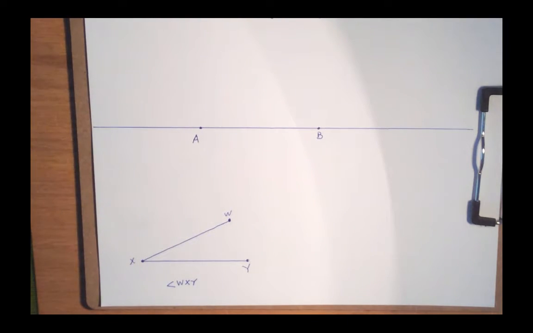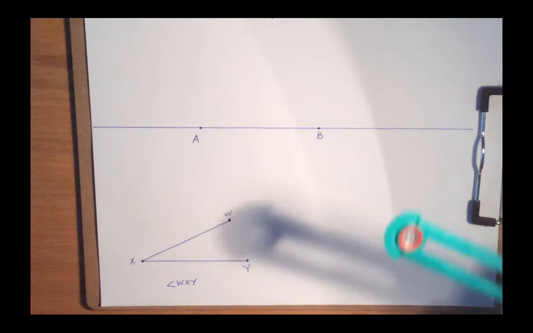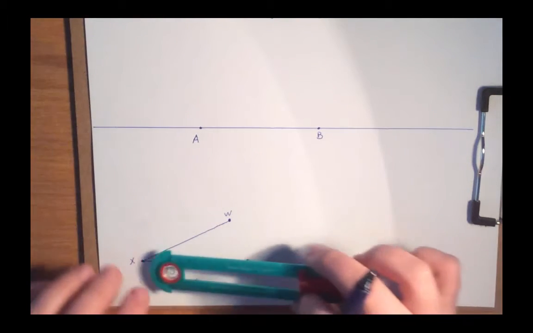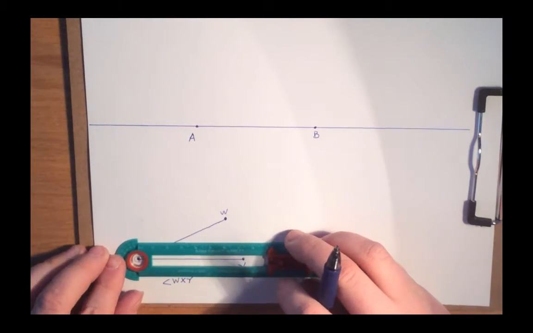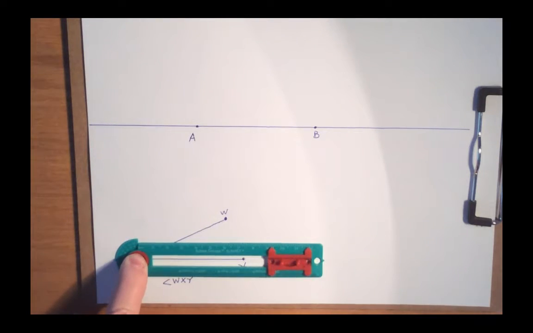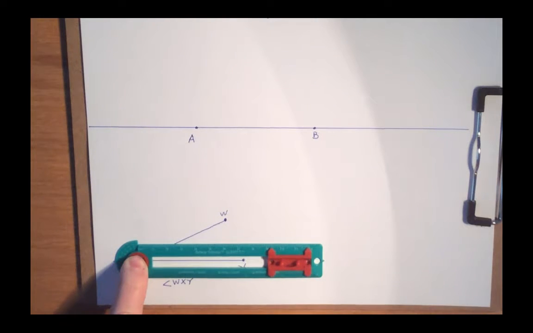All right, now the next steps may or may not be very similar for all of us, so pay close attention, please, because we're all going to have slightly different angles. You'll notice right off the bat that my slider is too far out. Maybe yours isn't, but mine is.